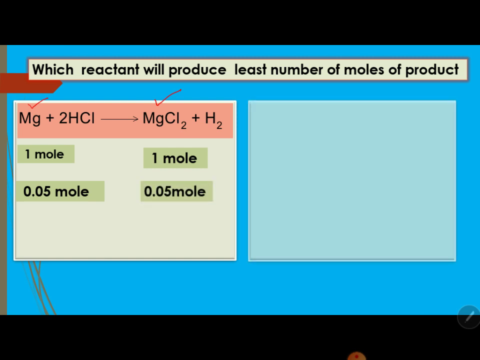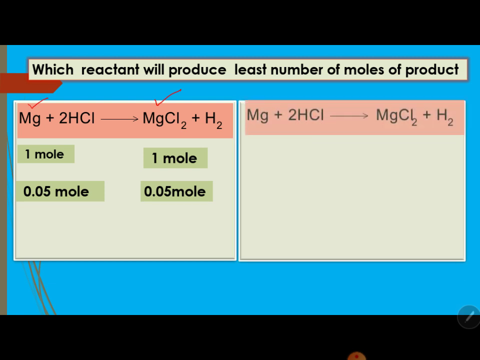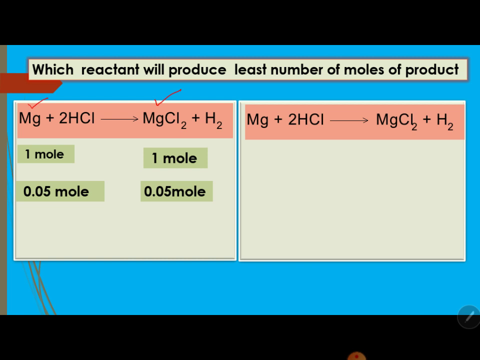Now we will calculate the number of moles of the product, magnesium chloride, that can be produced by the given quantity of HCl. We will prepare data for the HCl and magnesium chloride. In the balanced chemical equation, the coefficient of HCl is 2, so it is equal to 2 moles. For magnesium chloride there is no coefficient, so it is equal to 1 mole.